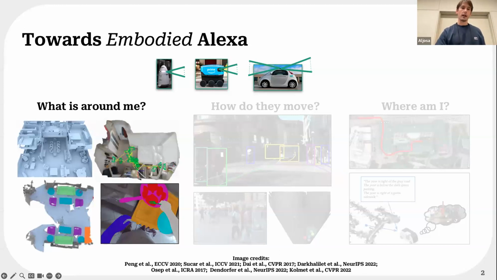So what we would like to do in the long run is to enable mobile robots, such as those that you can see here, to freely navigate out there in the open world and to assist us with daily tasks. And of course, for robots to do so, they first have to understand their surroundings, right?